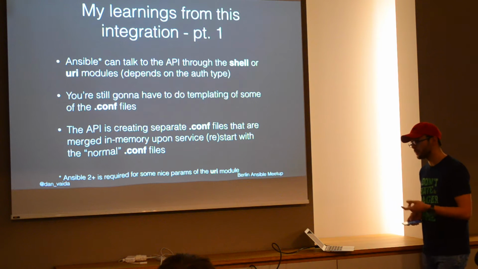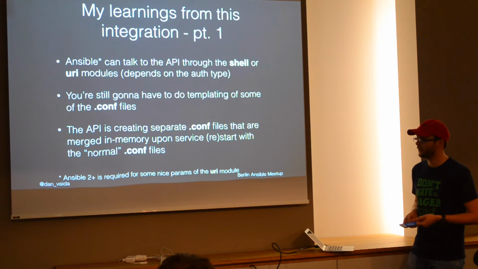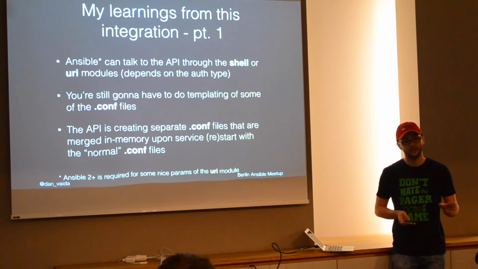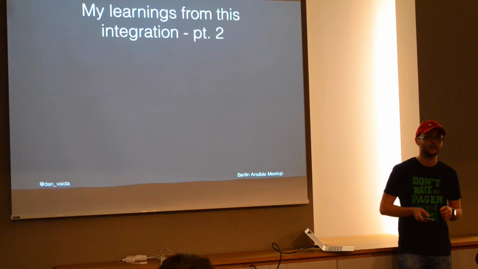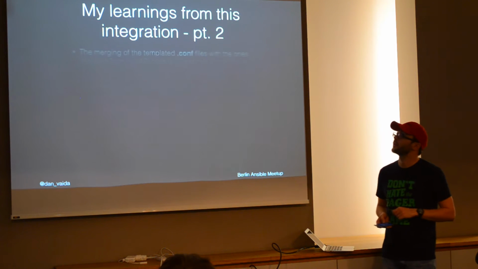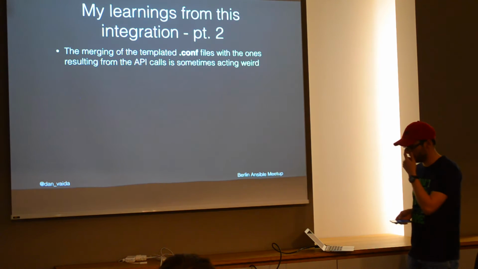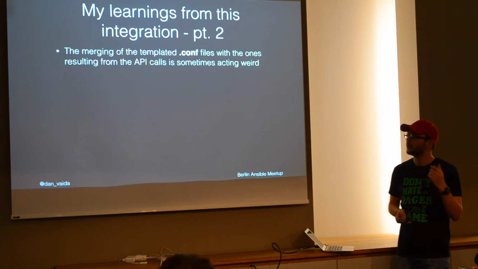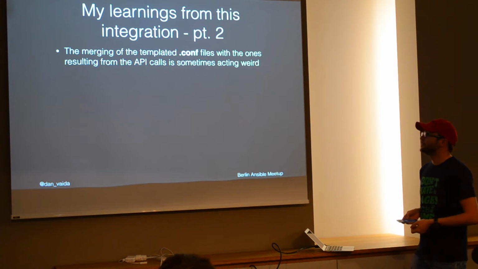So Ansible 2 plus is required if you want to have real fun with it, because of the URI module that comes with some nice new variables, which are not supported in Ansible 1.9.